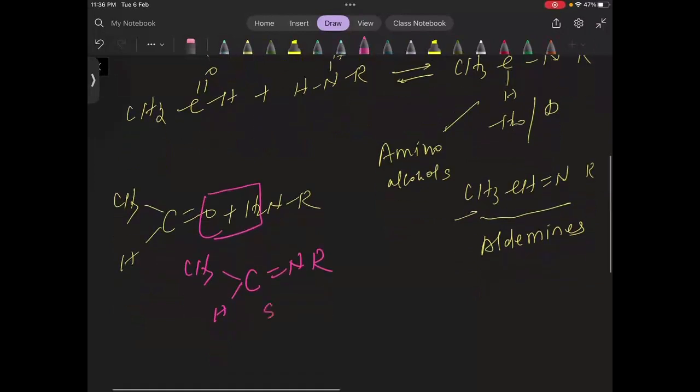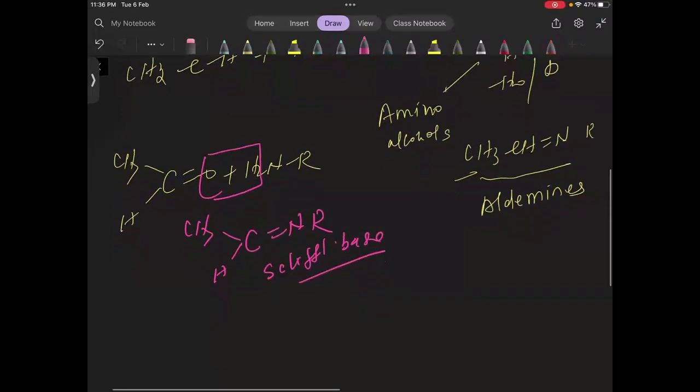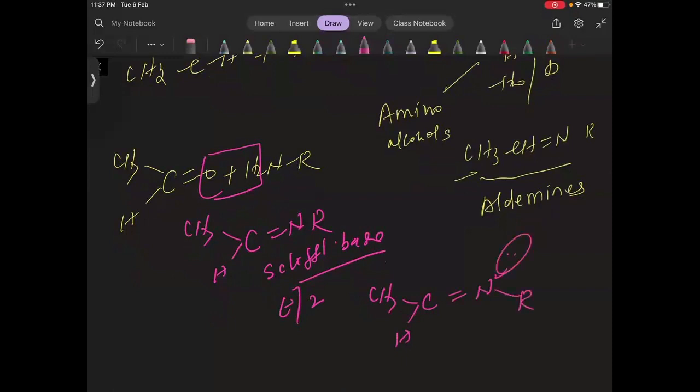That is the Schiff base. All ammonia derivatives will show EZ configuration, you remember that? CH3CH double bond N with a lone pair and the R, so it will behave like EZ configuration.